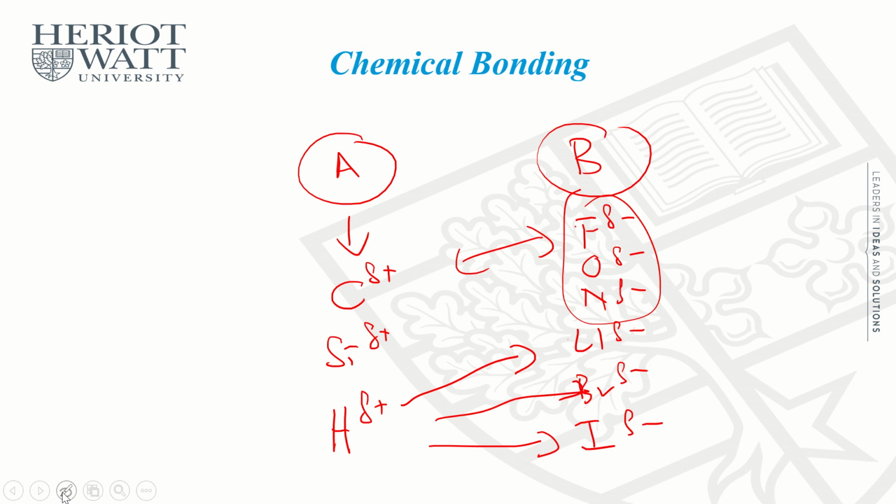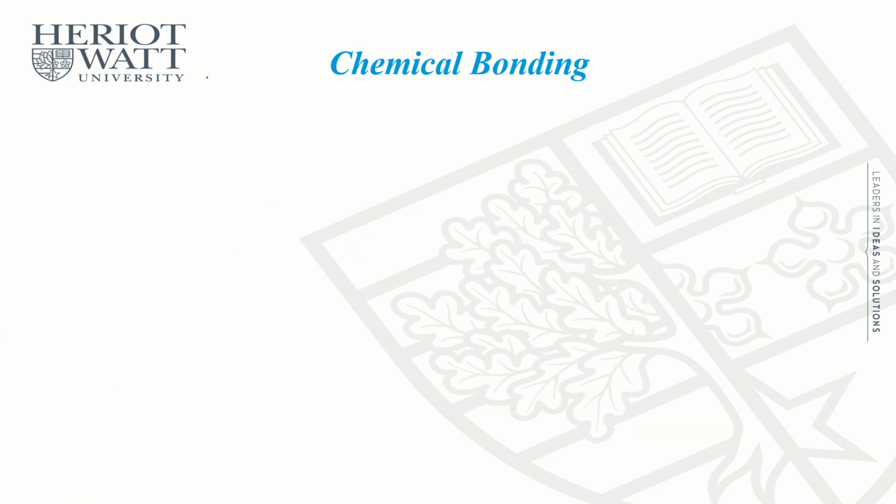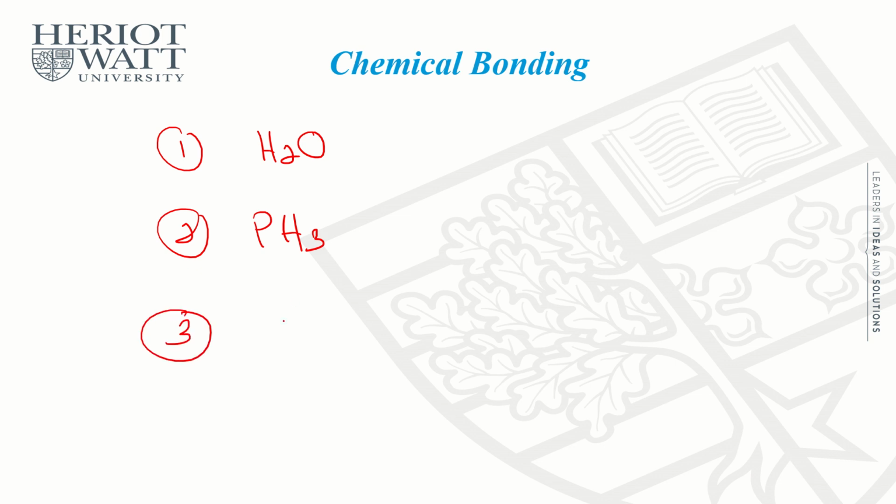All right, so I try to give you a summary here again, example. So let's say I have H2O, first example. Second example, PH3. Third example, CH4. And fourth example, CH3Cl. Now try to identify what type of intermolecular force forms between water molecules.